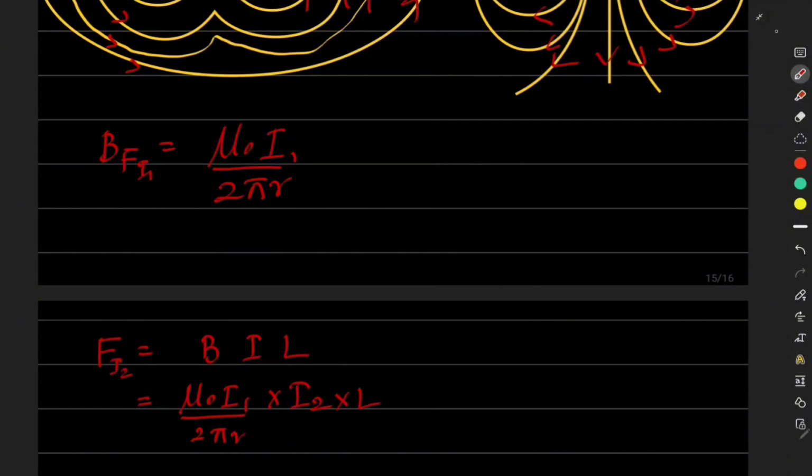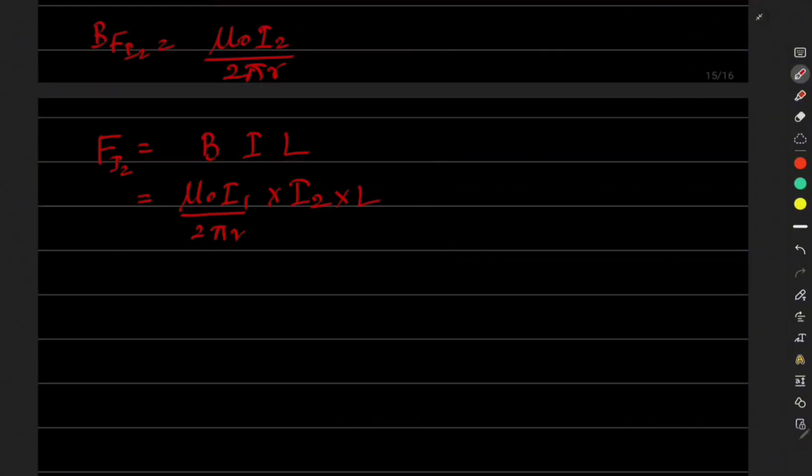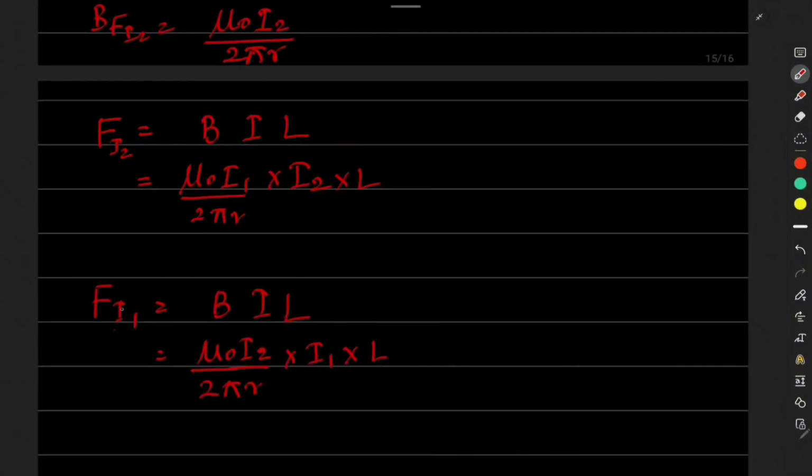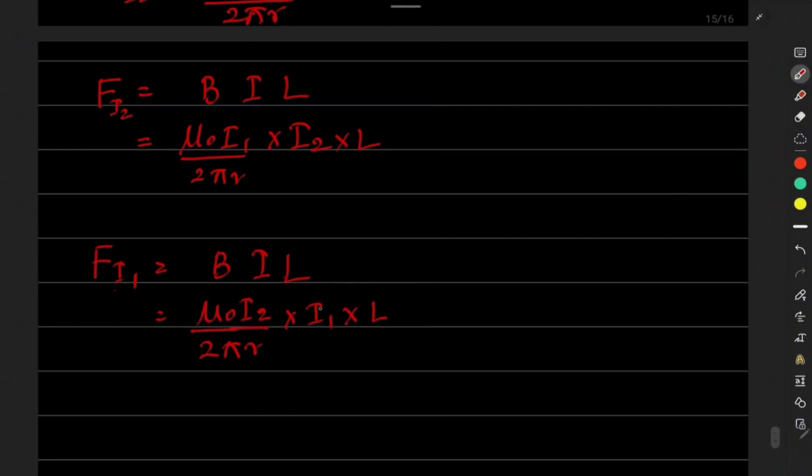If we consider I2 also, similarly there will be a field due to I2, mu naught I2 divided by 2 pi r, and the force acting on the current carrying wire I1 is BIL, mu naught into I2 divided by 2 pi r into I1 into L.